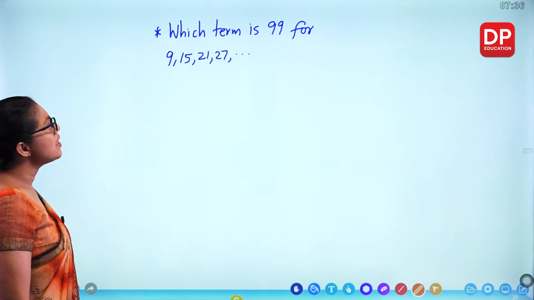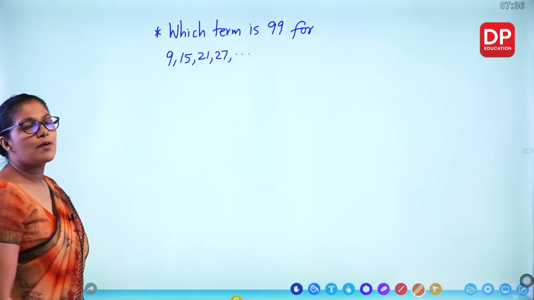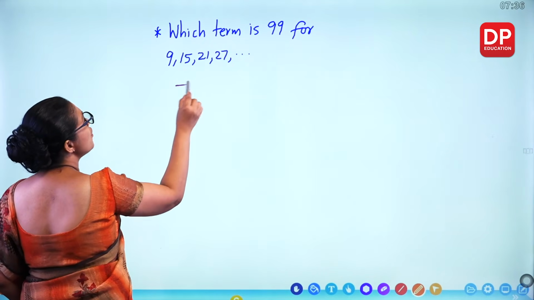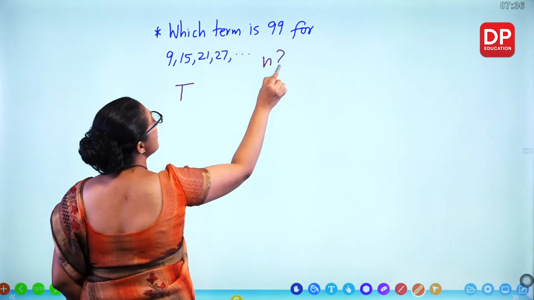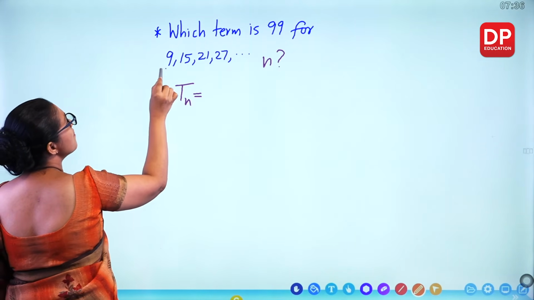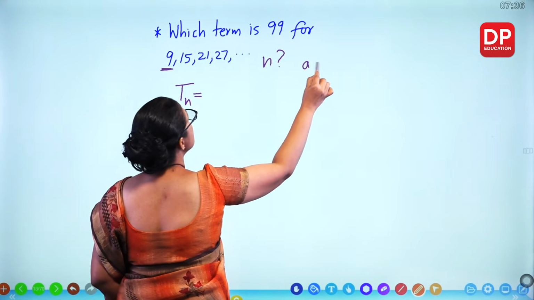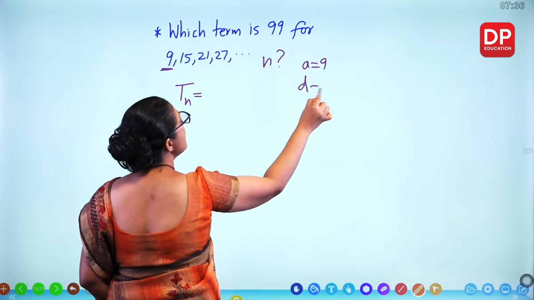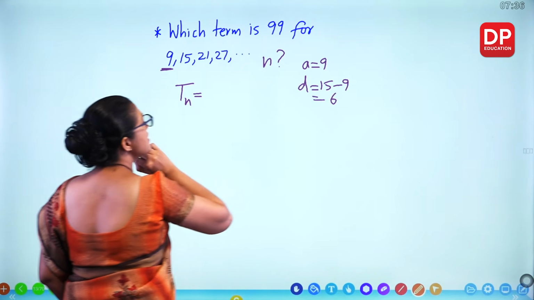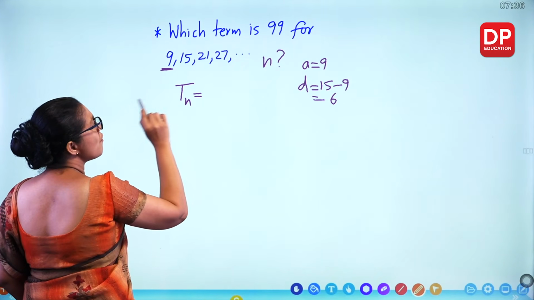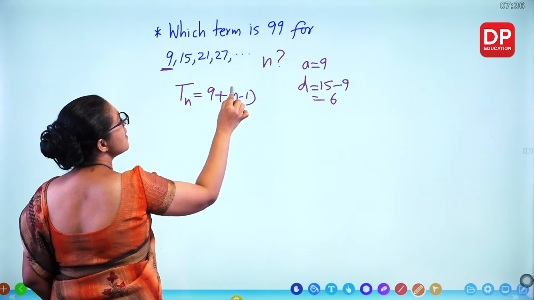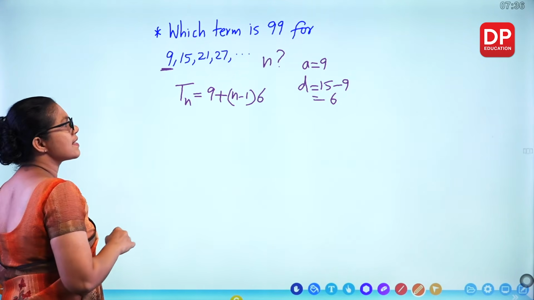This question: which term is 99 for this sequence? This is an arithmetic progression. Same as before. We don't know n. N is unknown. But we know the first term. First term is 9. And what's the common difference? 15 minus 9, you get 6. So plug it into the formula. A plus n minus 1 times d, where d is 6.